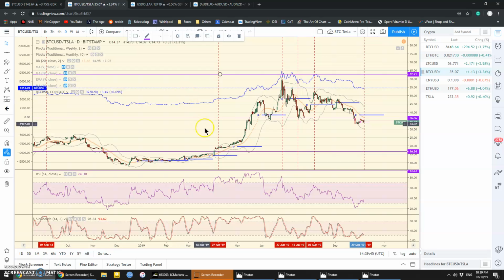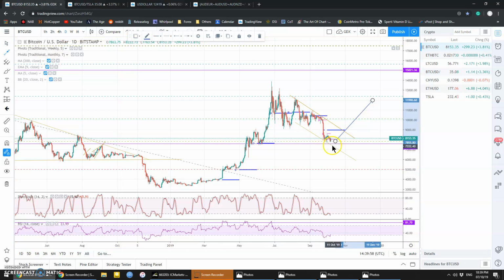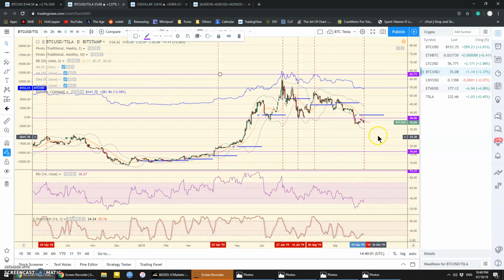So, based on the slow stochastic and the Bitcoin Tesla correlation, what do we have here? We have what's approaching a low slow stochastic and a low RSI. So what I'm looking for is another move down in Bitcoin, 7,500. That would set up a higher low on the RSI and a higher low on the slow stochastic, which would set us up for a positive divergence on RSI and the slow stochastic.